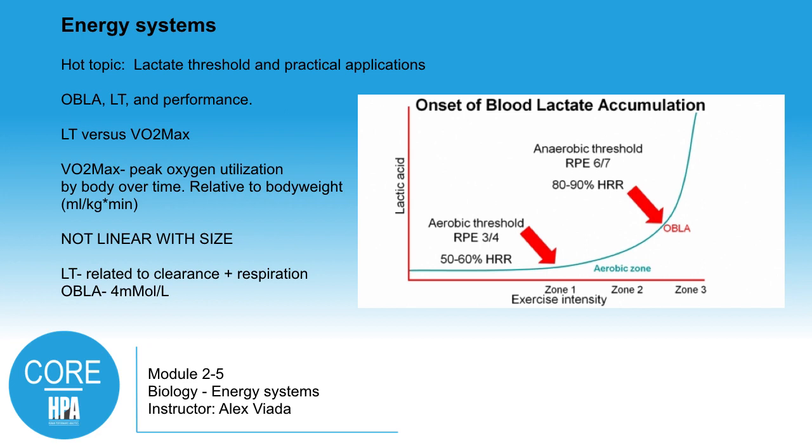as an individual gets more and more fit, as the number of mitochondria increase, as the blood capillarization, the amount of circulation to the muscles increases, the body can utilize more and more oxygen by the muscles. The body can carry out a greater and greater amount of aerobic glycolysis.